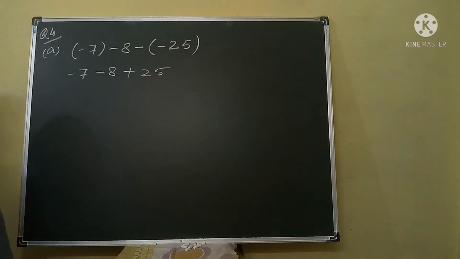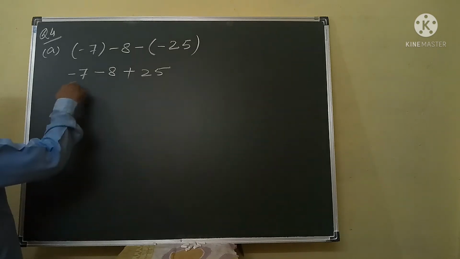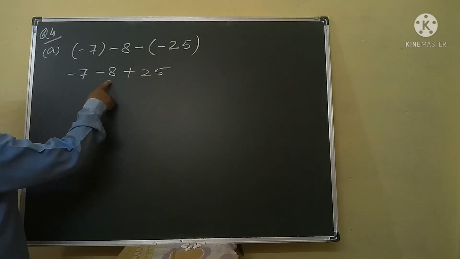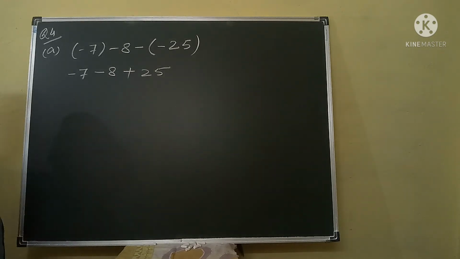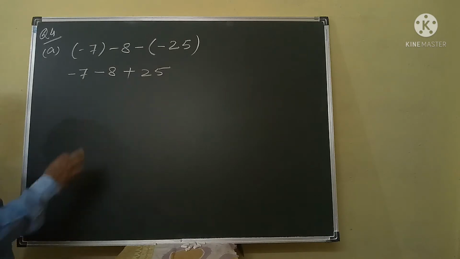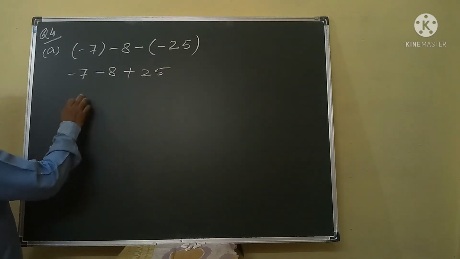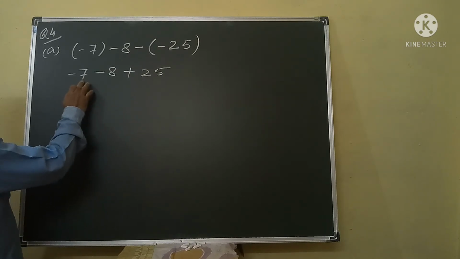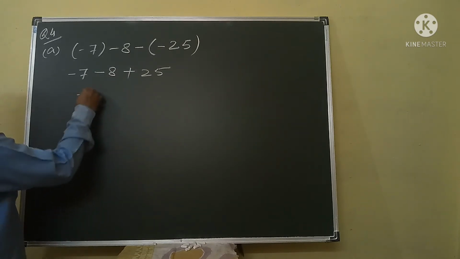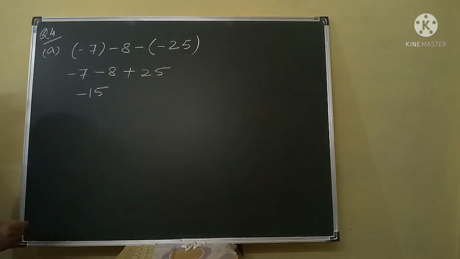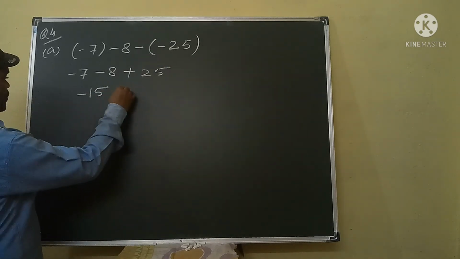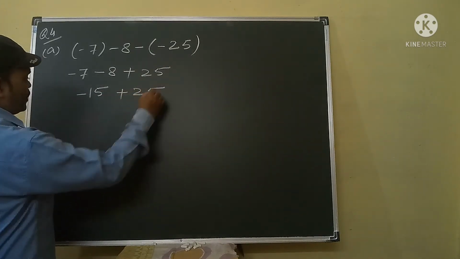Then this is minus 7 and this is minus 8. Both integers are negative, so we will add negative integers. Minus 7 minus 8 gives minus 15 plus 25.